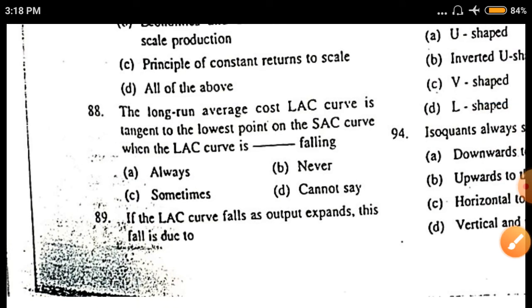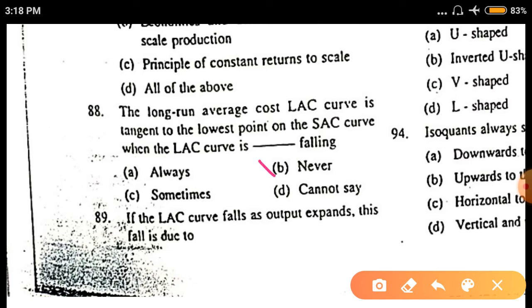Question number 88. The long run average cost LAC curve is tangent to the lowest point on the SAC curve when the LAC curve is never falling.